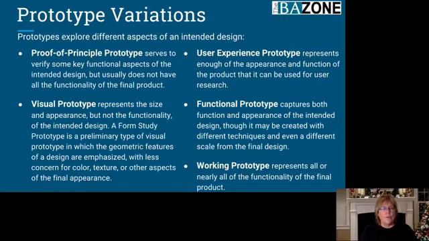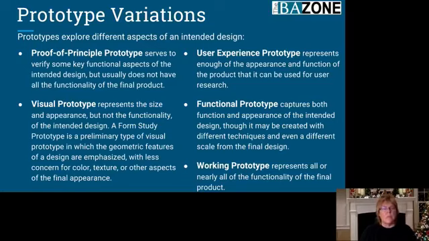A visual prototype represents the size and appearance, but not the functionality of the intended design. So this could be wireframes or comprehensive sketches, but it's something visual that gets everybody on the same page, much like the proof of principle. As Kathleen had said before we cut out, everybody brings their own ideas to the table and their own vision.